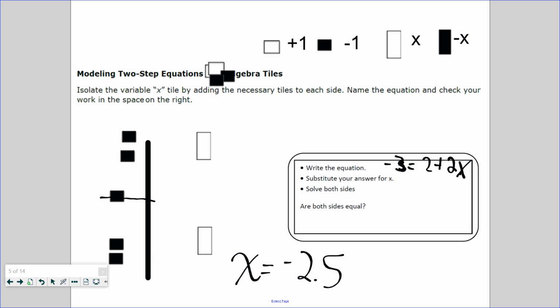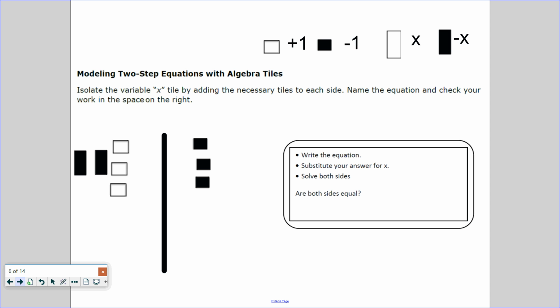Let's see if this is correct. Negative 3 is equal to 2 plus 2 groups of negative 2.5. That's 2 plus negative 5, which is negative 3. Both sides are equal.